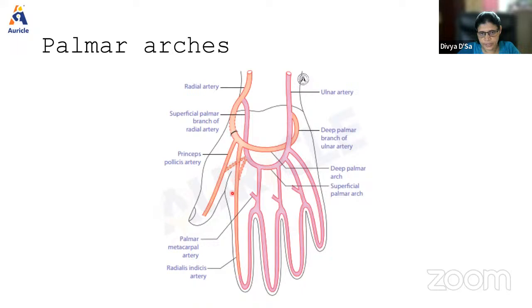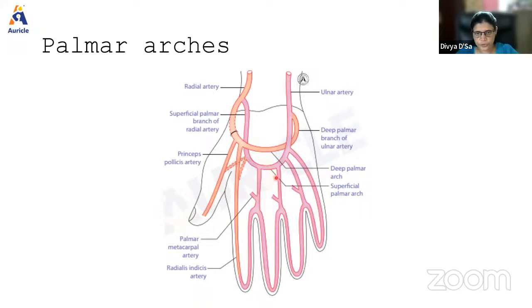So these three arteries contribute to the completion of this superficial palmar arch.